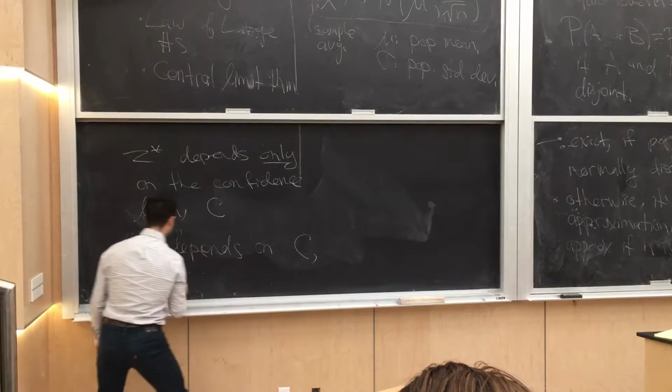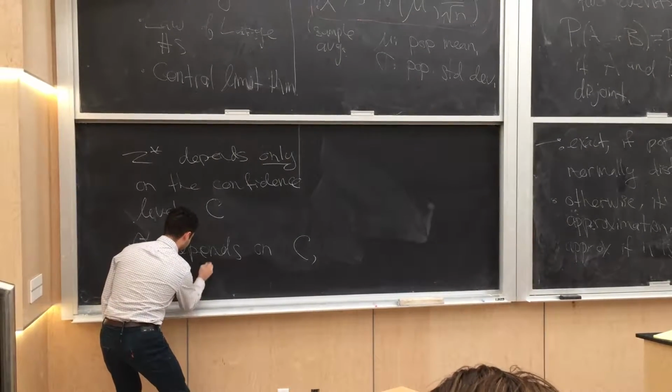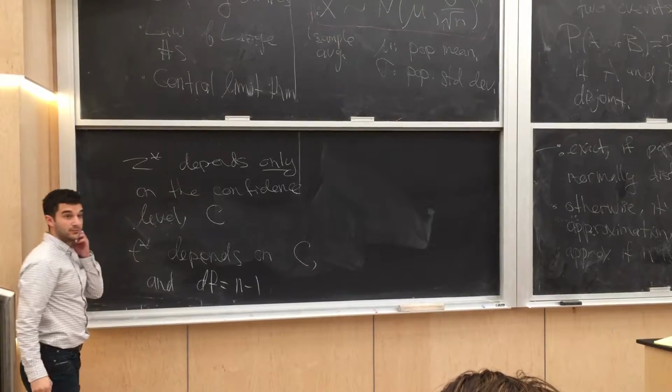So it's on C and on the degrees of freedom, which are just equal to n minus 1.